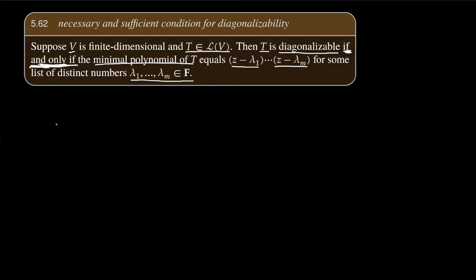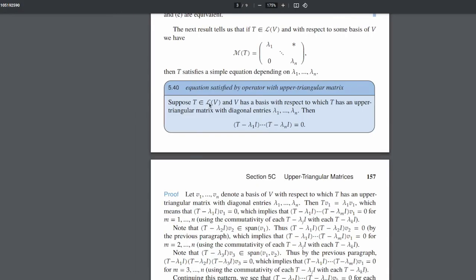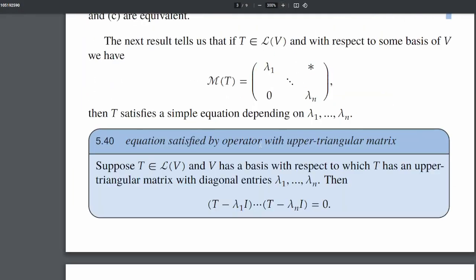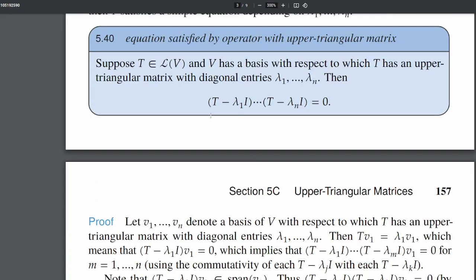All right, this actually has a very nice parallel to something that we saw much earlier. So, let me pull this up real quick. All right, here we go. This was way back when we talked about upper triangularity, which I guess was just one section ago, not too long ago.